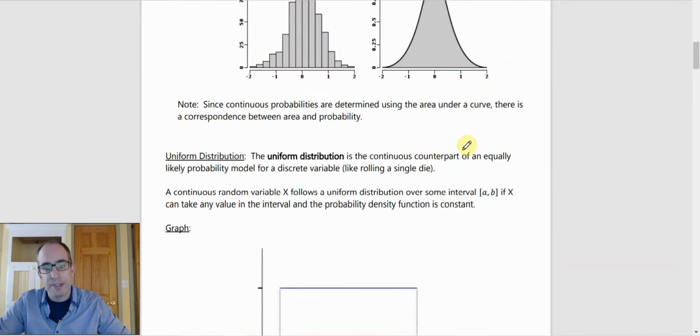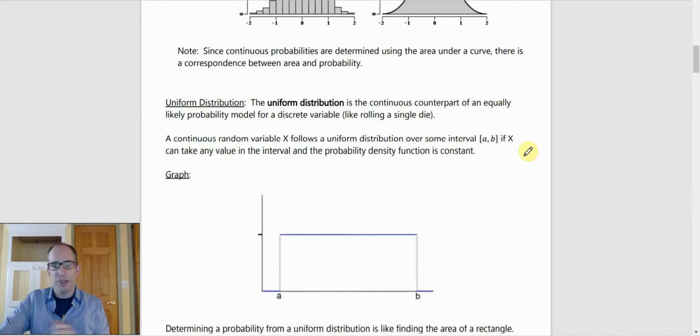And let's see, so probability is the area under the curve. And with a uniform distribution, you can do it just by computing the area of a rectangle. Because what a uniform distribution is, it's the continuous counterpart, like it says there, of having an equally likely probability model. So for rolling a single die, all the individual probabilities are 1/6, right?